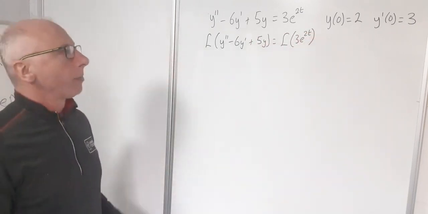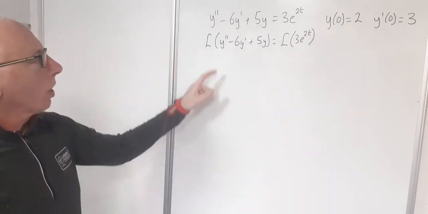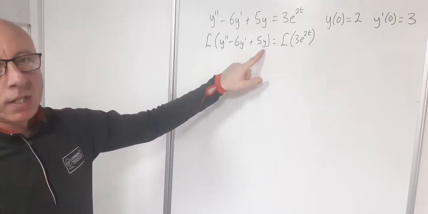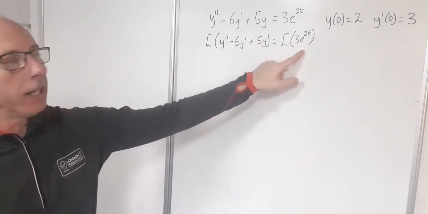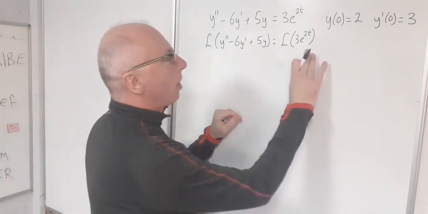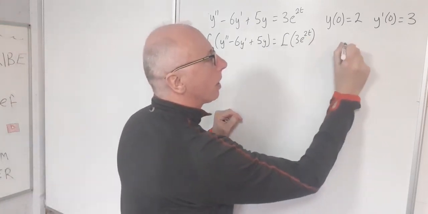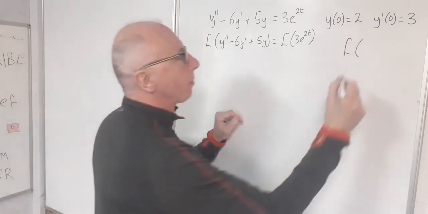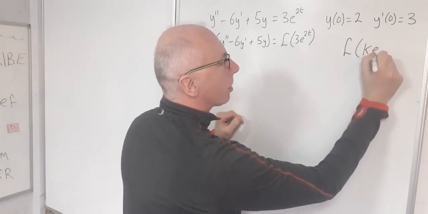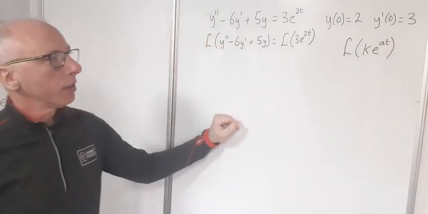Okay, so now we've got that all into Laplace transform. What I could do is break all these down and do these individually next. But first of all, I'm going to take care of this side here. So a Laplace transform of a function like this, 3e to the 2t. Let's just write this up. So the Laplace transform, and I'll put these in a general form. So I've got k as some constant, e to the at, where a is also a constant.